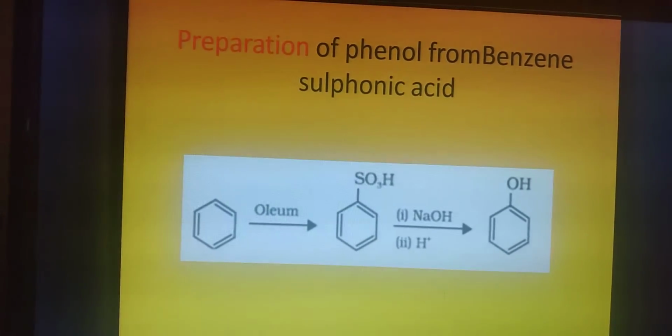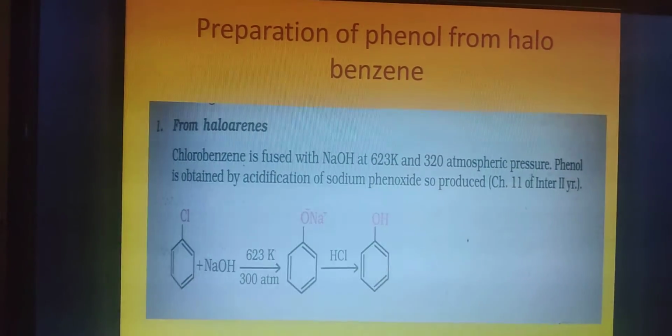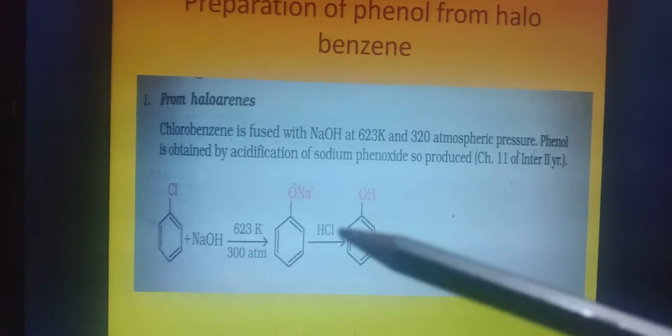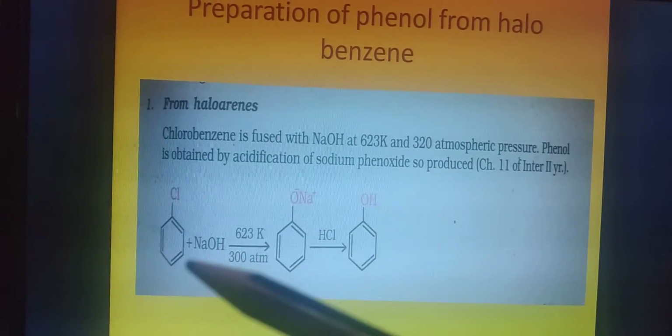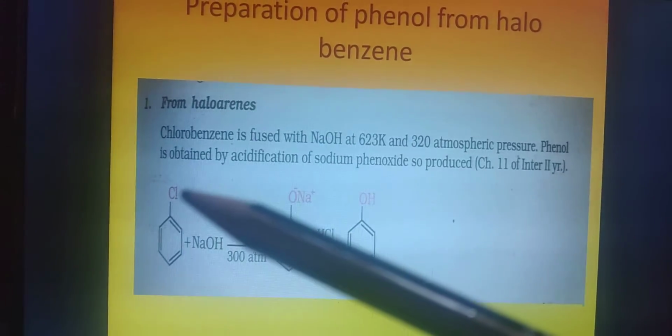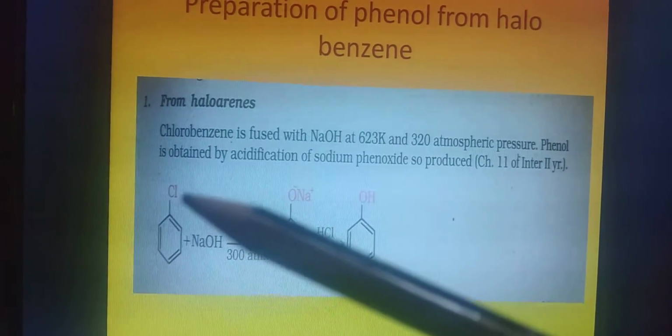Now third one, preparation of phenol from halobenzene. Halobenzene means on the benzene ring, if a halogen is there, whether it is chlorine, bromine, or iodine.